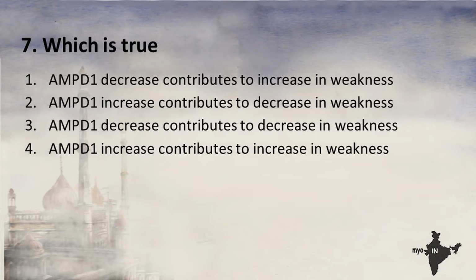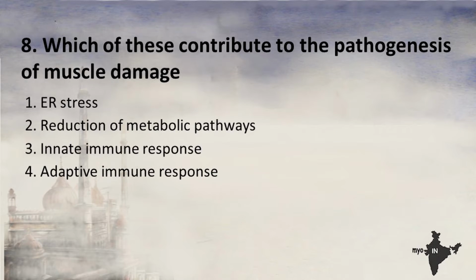What is the sequence of improvement of muscle enzymes once you start treating a patient with inflammatory myositis? I think again all of you have got this answer right. It's CPK followed by AST/ALT followed by LDH. Next slide, please.